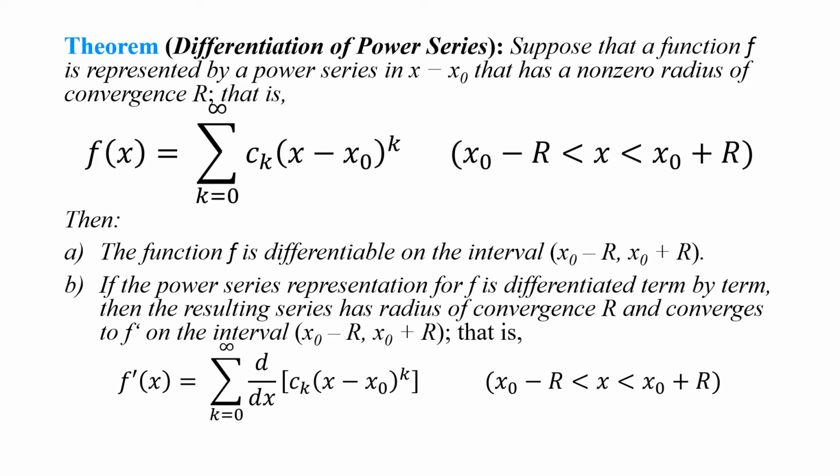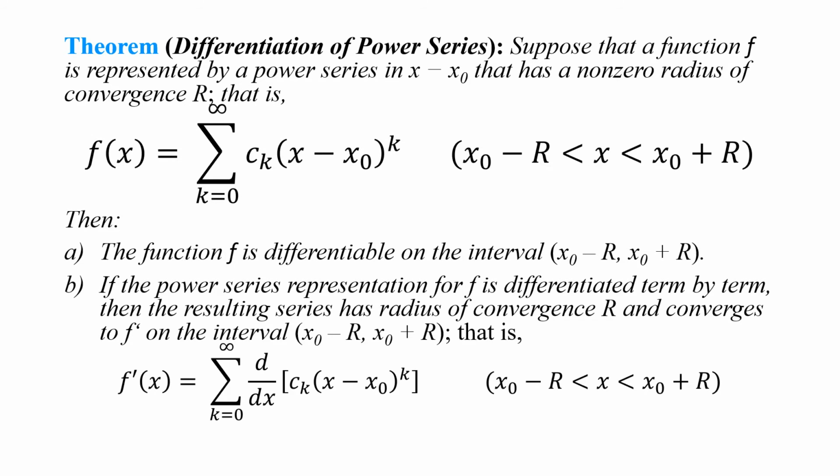So we can actually repeat the process, applying the theorem successively to the second derivative, the third derivative, or to the nth derivative of f, to conclude that f has derivatives of all orders on the interval x sub 0 minus r to x sub 0 plus r.